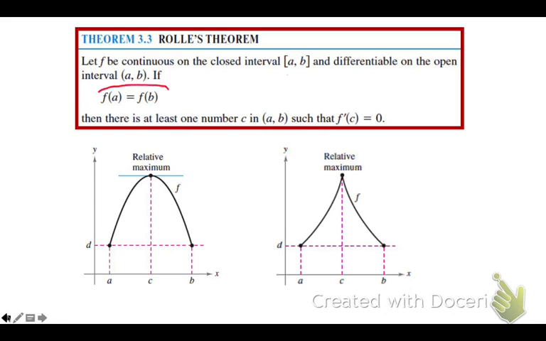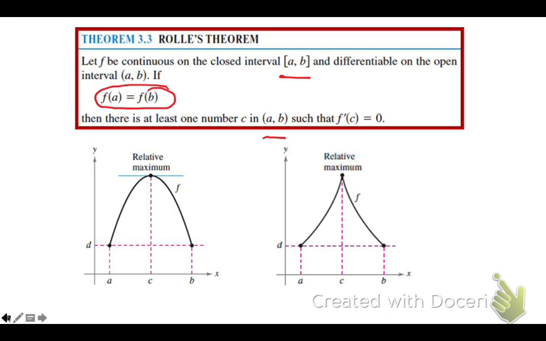If these two things happen to be equal, then there is at least one c in the interval, and you notice these are parentheses. So is that included? Right here, square brackets, are a and b included? That would be a yes. Parentheses, are a and b included?